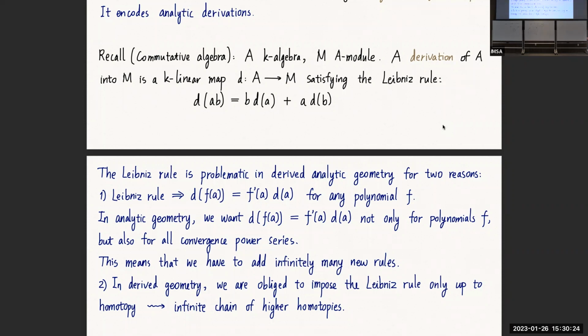This means that we have to add infinitely many new rules. And second, in derived geometry, we are also obliged to impose the Leibniz rule up to homotopy, and then it will involve an infinite chain of higher homotopies. So instead of a simple equality of the Leibniz rule, now we will have infinitely many Leibniz rules.